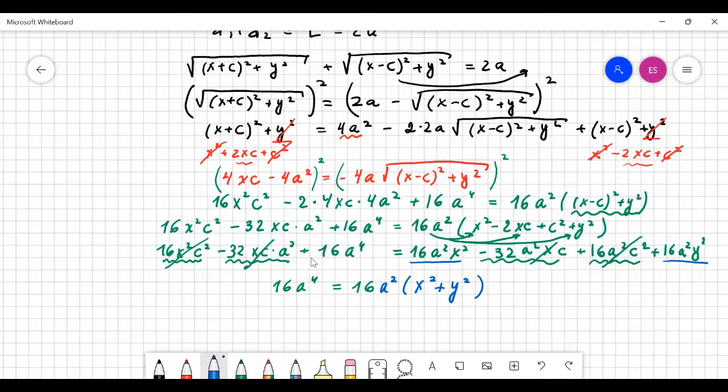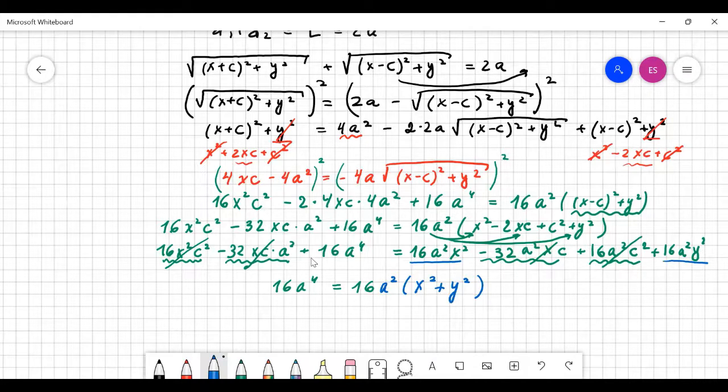I missed something. Looks like I'm getting the equation of a circle somehow. I'm missing something important here. I'm trying to figure out. Aha, yeah, guys. I think I should not cancel the term 16a squared c squared and 16x squared c squared. I kind of decided to cancel it, but actually I was supposed to cancel this term with that one. I'm sorry.